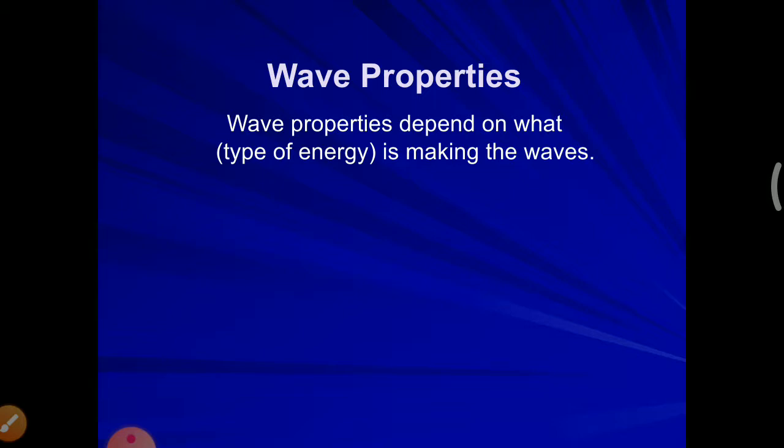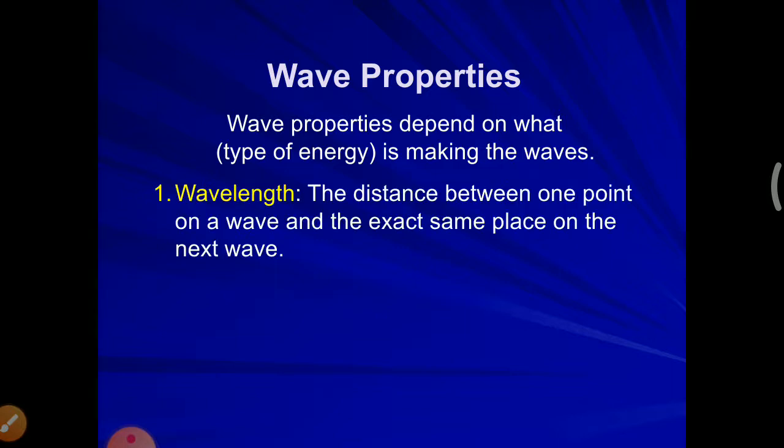So these types of waves have some properties. The first property is wavelength. The distance between one point on a wave and the exact same place on the next wave is called wavelength.